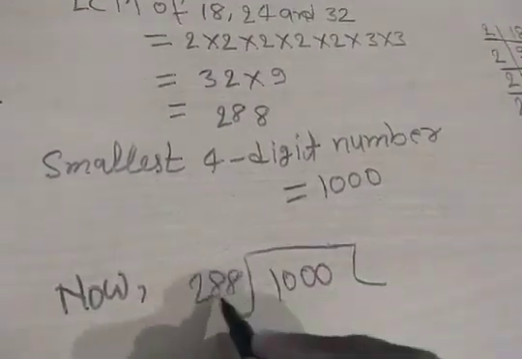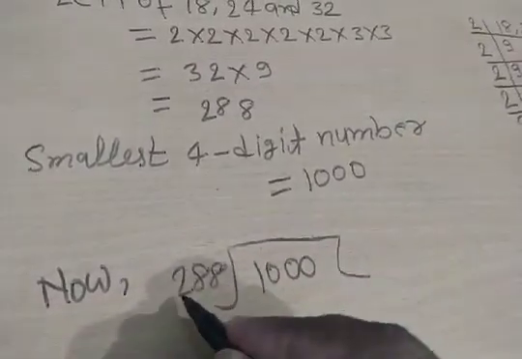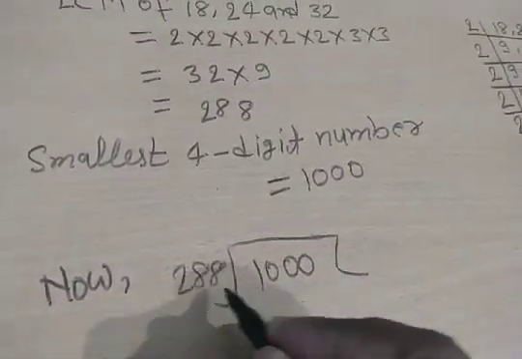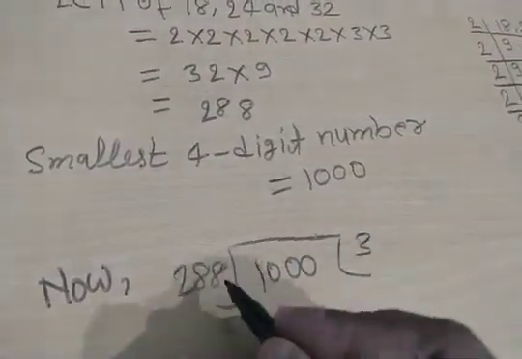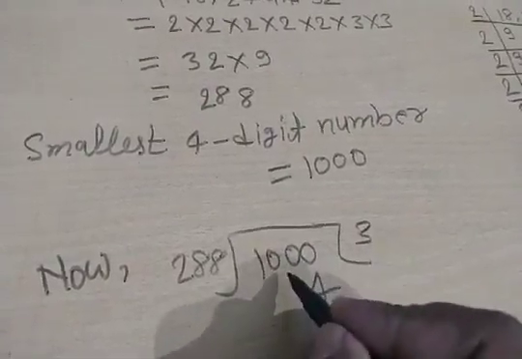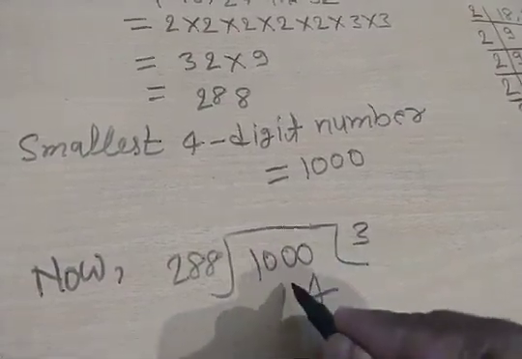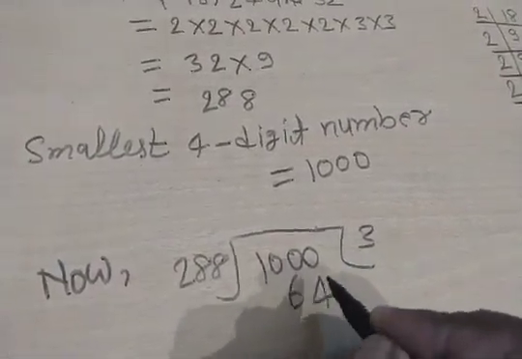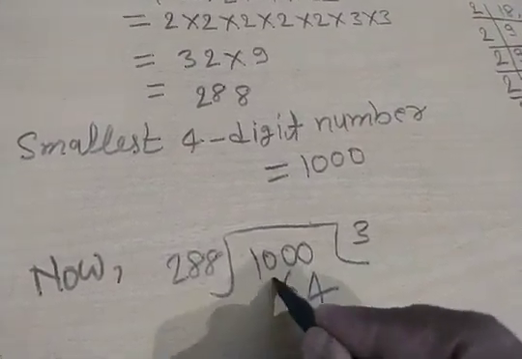So here how many times? 3 times. 3 eights are 24, carry 2. 3 eights are 24, plus 2 is 26, carry 2. 3 twos are 6, plus 2 is 8.